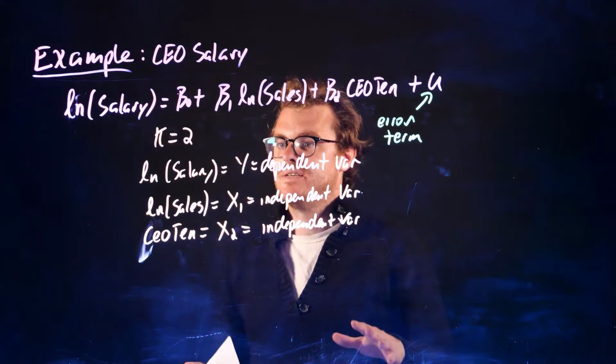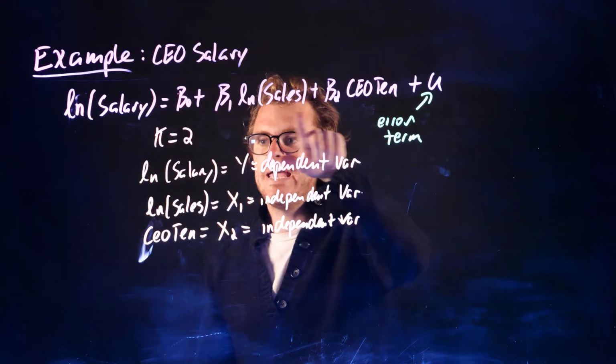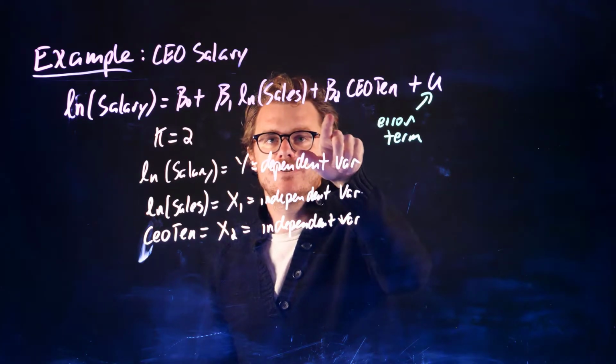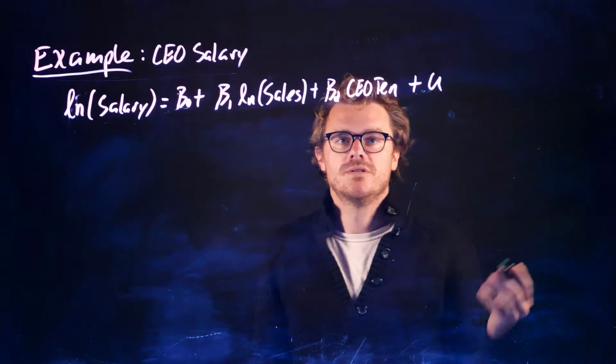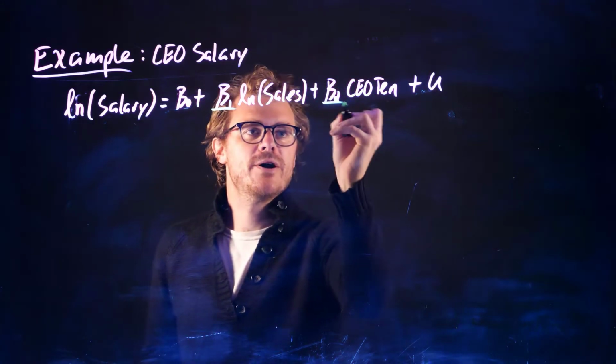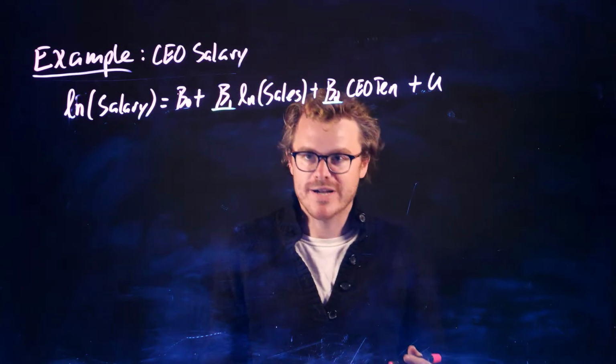Okay, so let's erase this bottom part and think about what each of these parameters represent, or all three of them, I guess. So let's talk about our beta 1 and beta 2 here, in our quick example of a multiple regression.